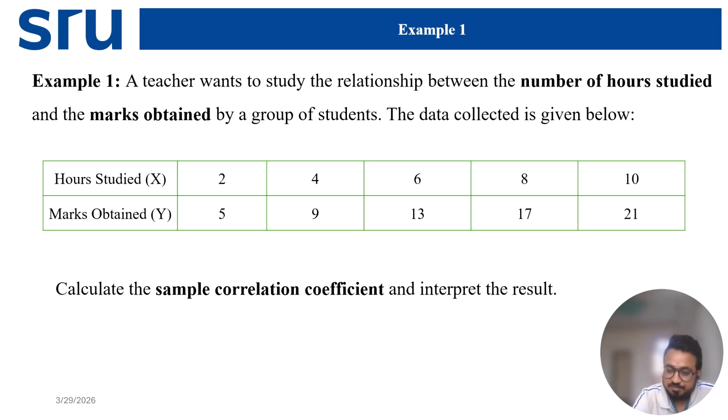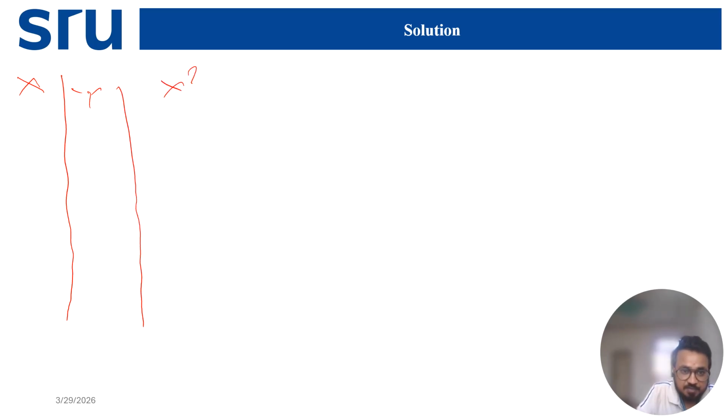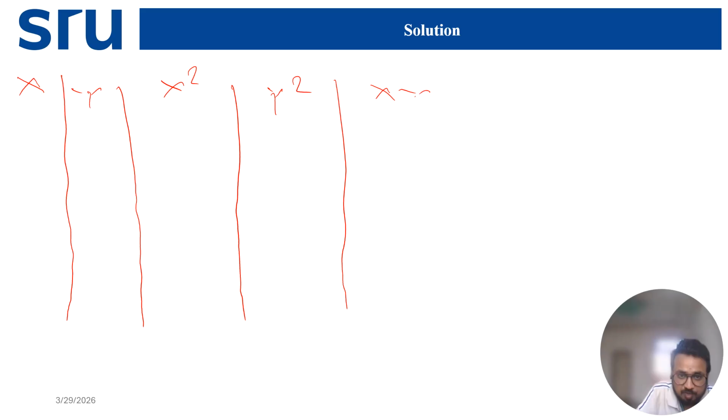So first I will make the table. This is X, this is Y, this is X square, this is Y square, this is X into Y. So we'll make the table first.